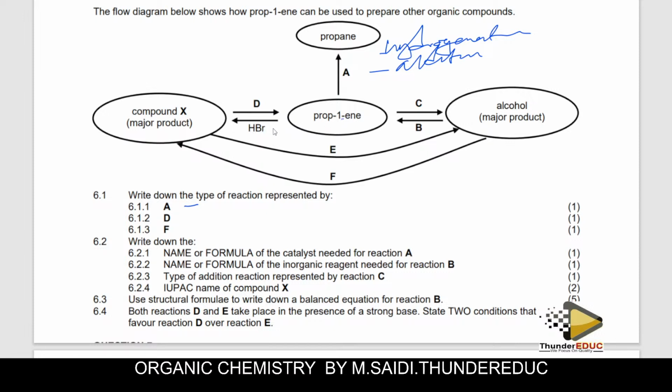Now here we are supposed to use what is called the Markovnikov rule. I hope you know what you call the Markovnikov rule.